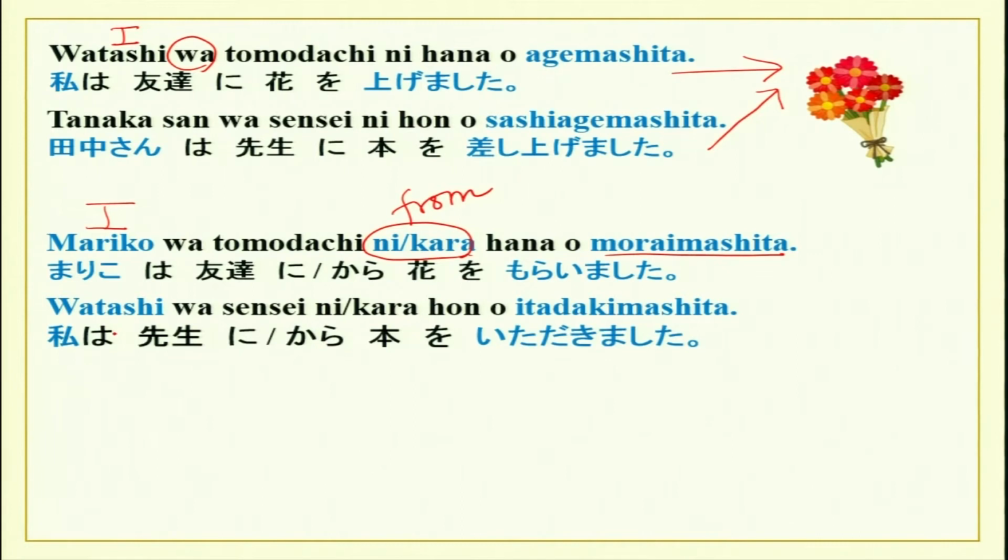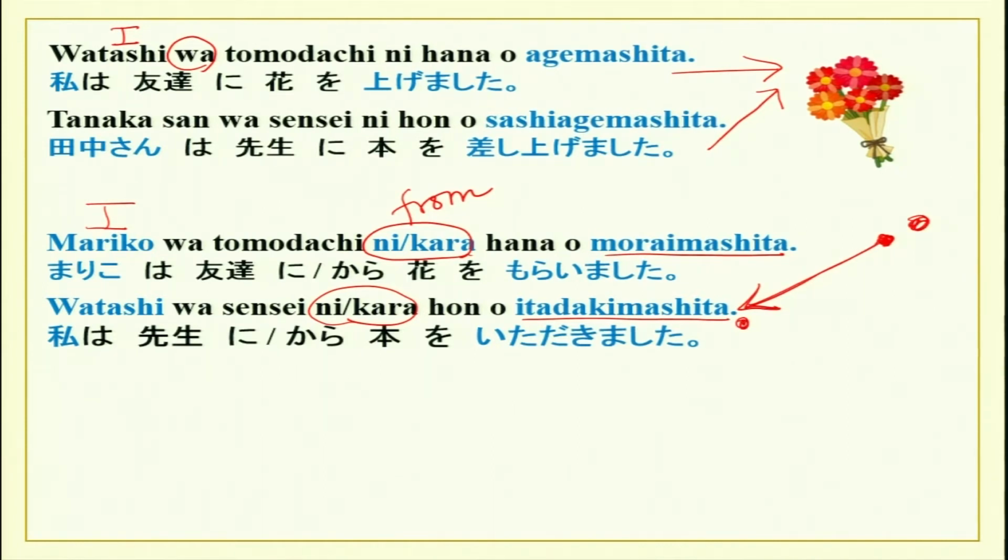Now, if it is from sensei that you are getting something, then watashi wa sensei ni or sensei kara hon o itadakimashita. I received from sensei. Or Mariko-san wa sensei ni hon o itadakimashita. So, sensei is over here and I am over here.